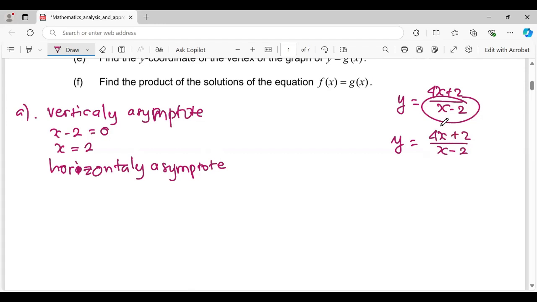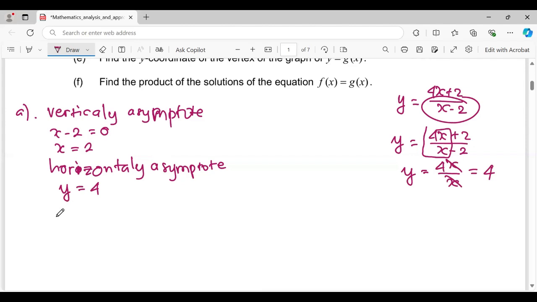Comparing the leading terms, in this function, comparing between 4x and 1x, so y equals 4x over 1x equals 4. So the equation for the horizontal asymptote is y equals 4. So these are the vertical asymptote and horizontal asymptote.